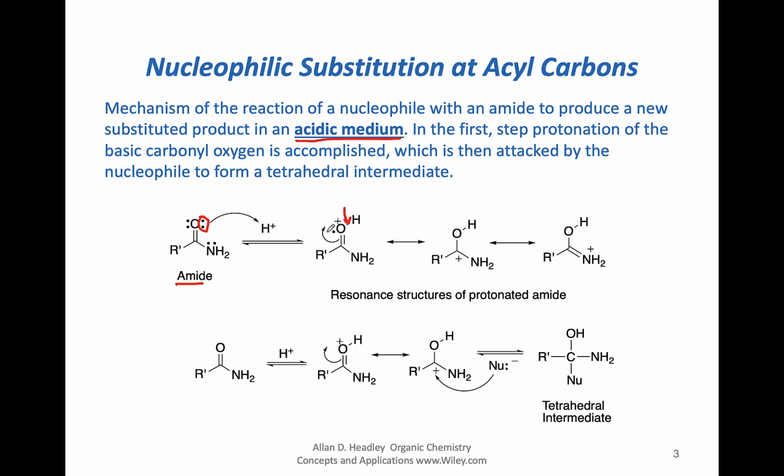And if it does that, oxygen acquires a formal charge of +1. As you can see here, these are resonance structures. But the bottom line is that this carbon is now electrophilic or positive. So if it's positive, as shown here again, the nucleophile with its unshared pair of electrons can bond to form a tetrahedral intermediate. That is not the product, that's an intermediate.